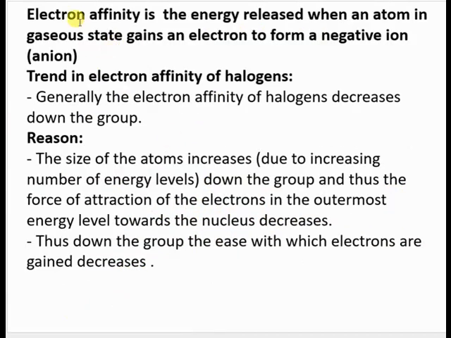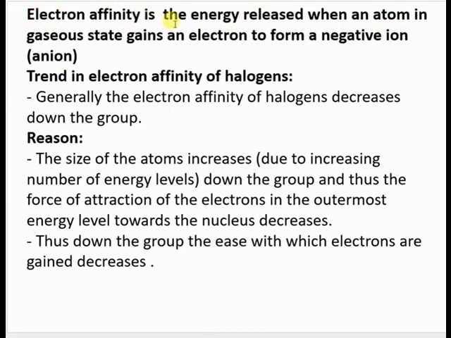I want to look now at electron affinity. Electron affinity is the energy released when an atom in a gaseous state gains an electron to form a negative ion. And this happens in halogens and the other nonmetals.